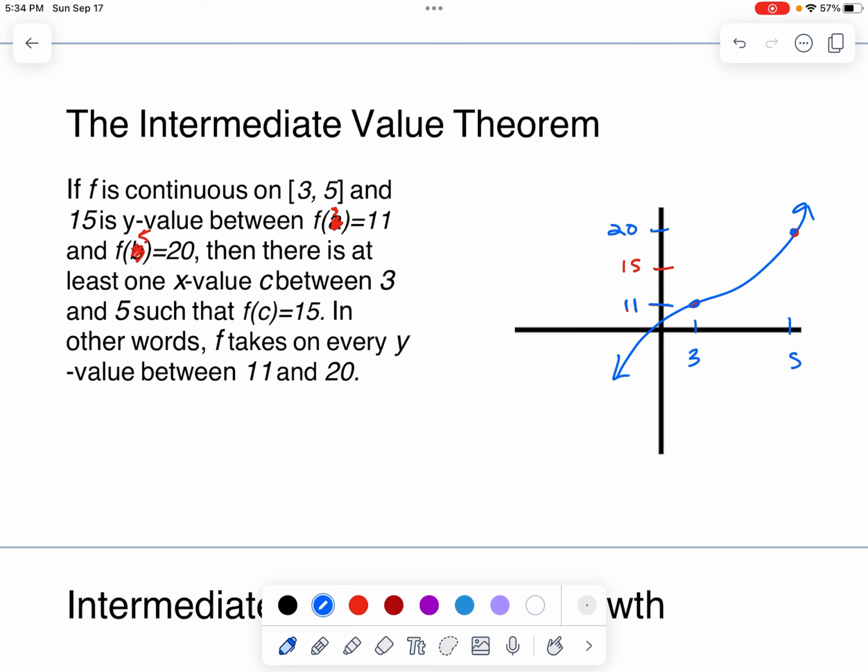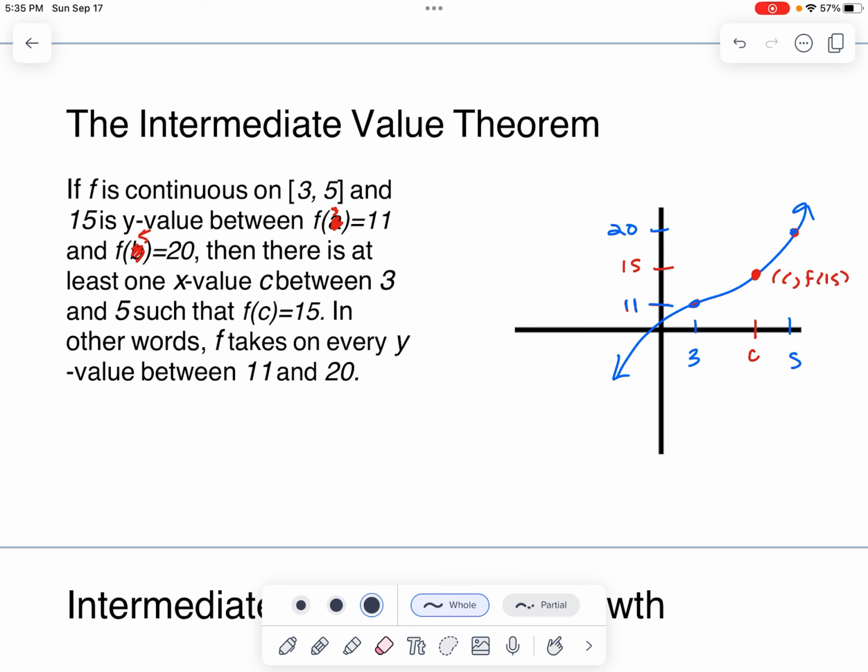So 15 goes between 11 and 20. Then there's at least one x value, c, between 3 and 5, such that f of c equals 15. So this is saying there has to be some c value that we're plugging in to f that goes with 15. It is guaranteed that that has to happen. It only makes sense because we're not skipping.